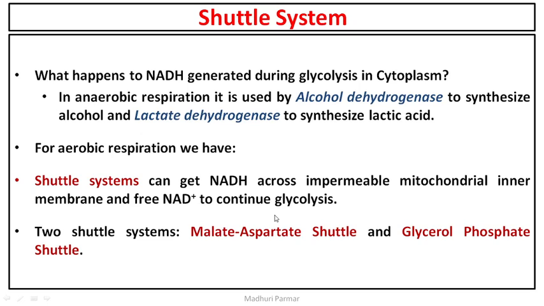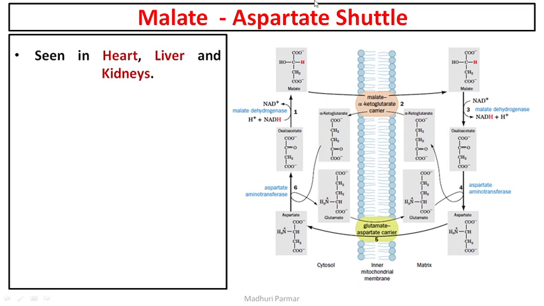Aspartate is actually an amino acid, and this amino acid we have studied in biomolecules, its structure. If you have any doubt or do not remember exactly, I would recommend you pause this lecture here, go back and refer to its structure and what kind of amino acid it is. Fine. Moving ahead, let us start with the malate aspartate shuttle.